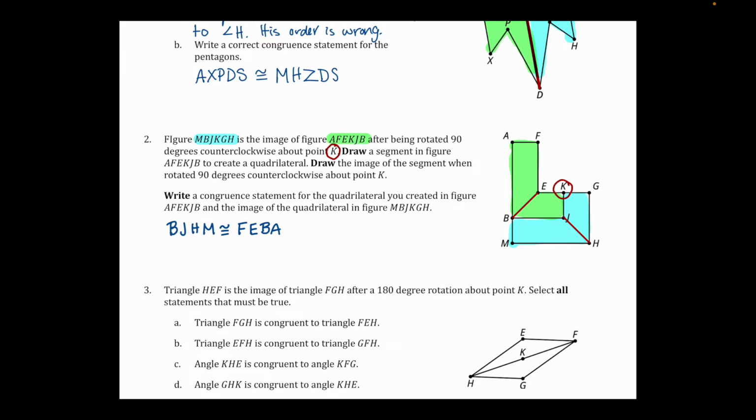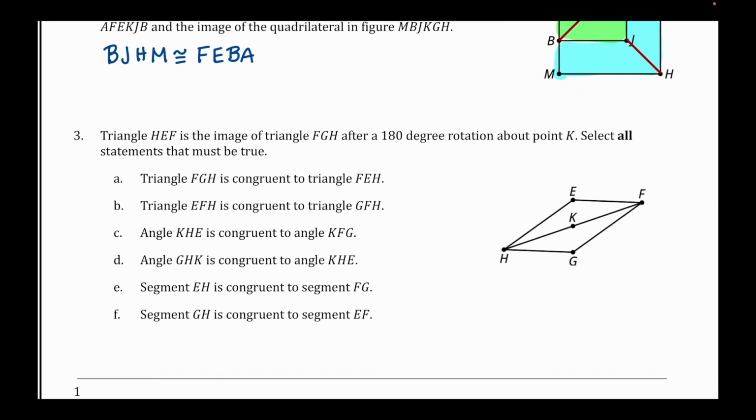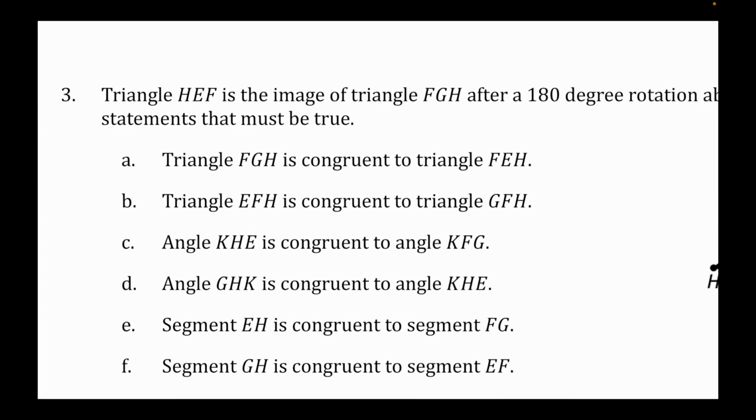Looking at question 3, we have triangle HEF as the image of triangle FGH after a 180-degree rotation around point K. So now we want to select all statements that must be true. We want ones that must be true, not ones that seem true.